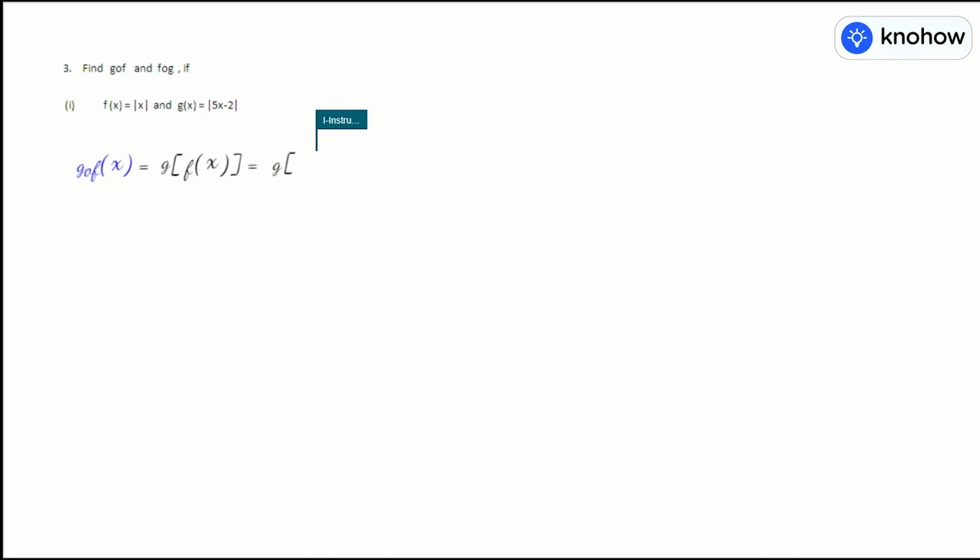It is mod x. And now what is the definition of g(x)? It is mod of 5x minus 2. But in place of x, I should replace mod x. So it is mod of 5 times mod x minus 2.